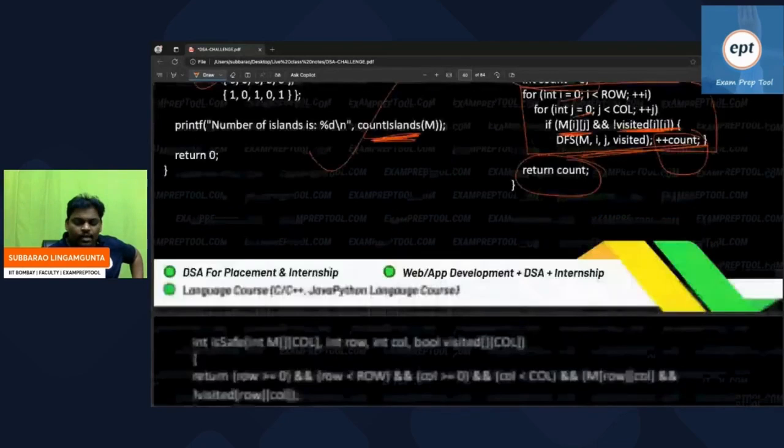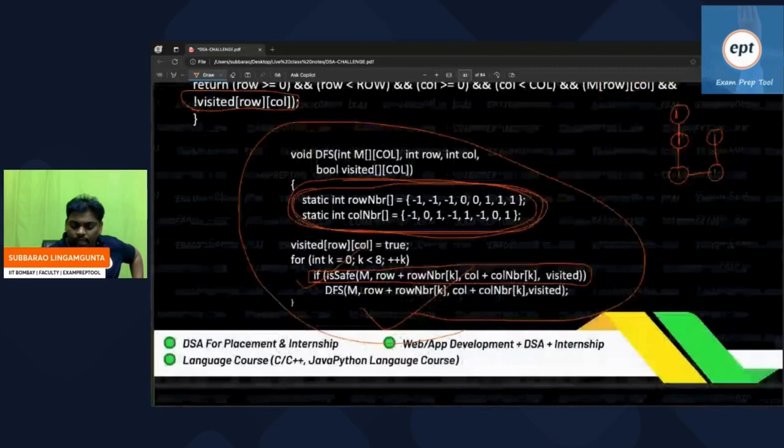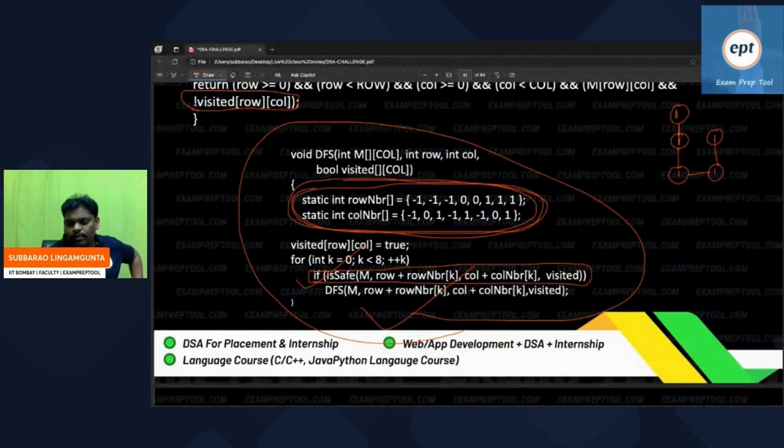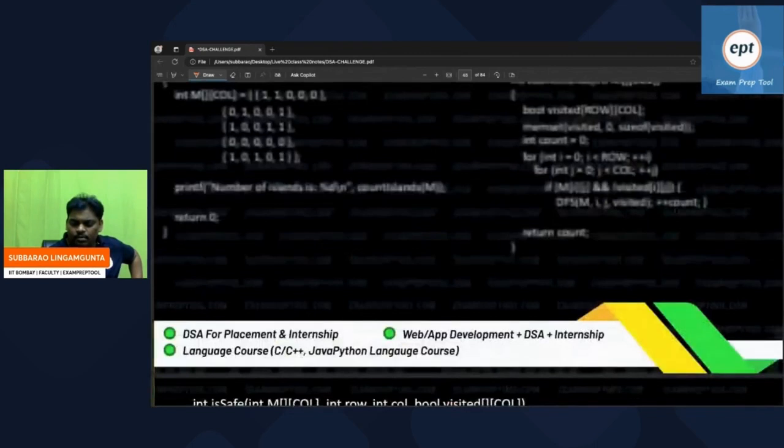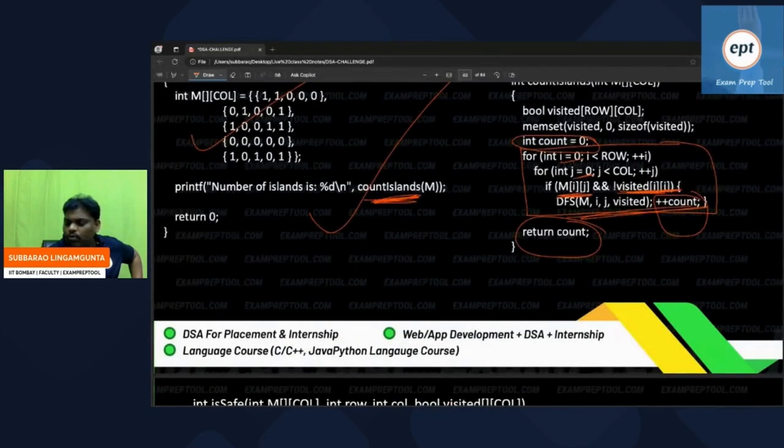In the DFS algorithm, it will check all neighbors: is it safe or not? If you find someone is not visited, again call DFS. Keep on going like this until zeros come. Then after completion of the total story, count++. It keeps on going, and every iteration it will verify.